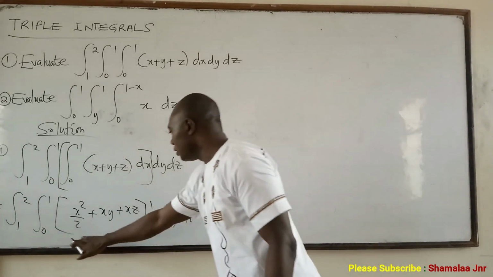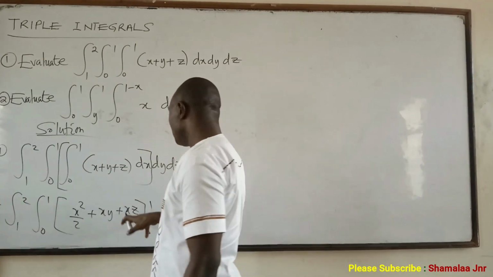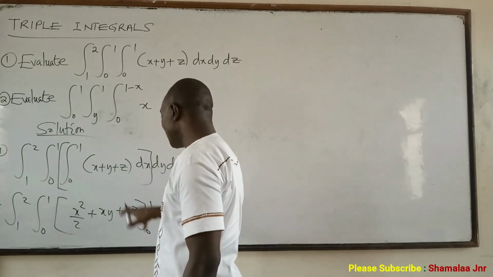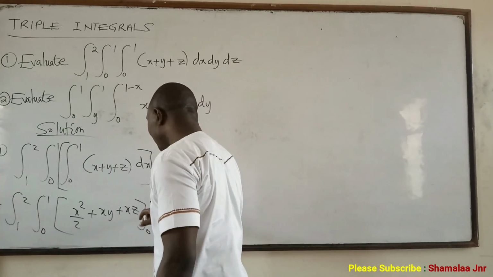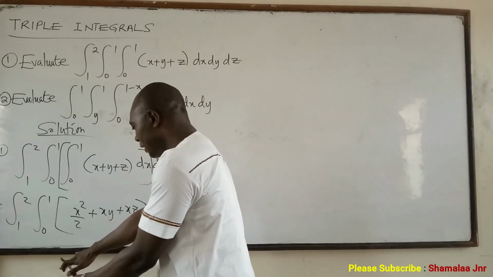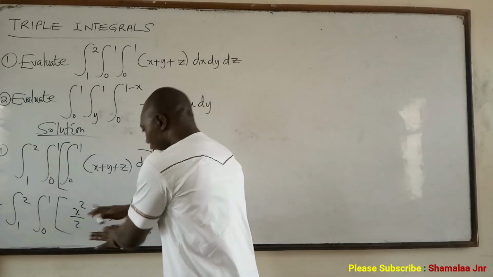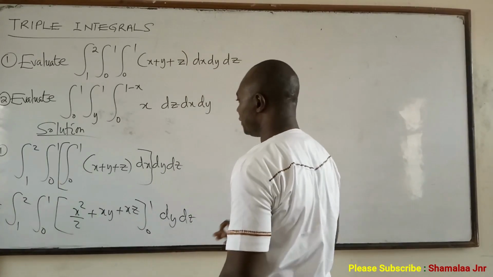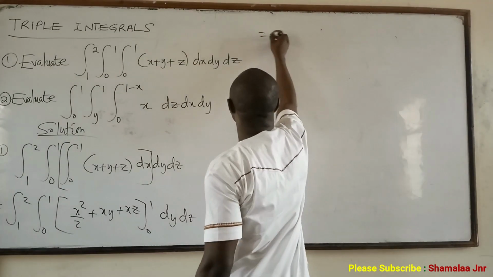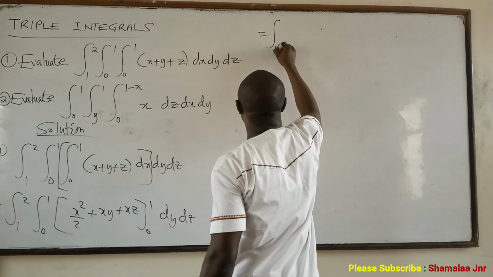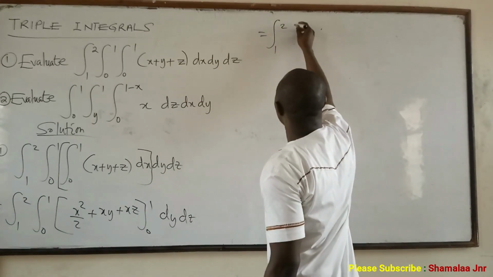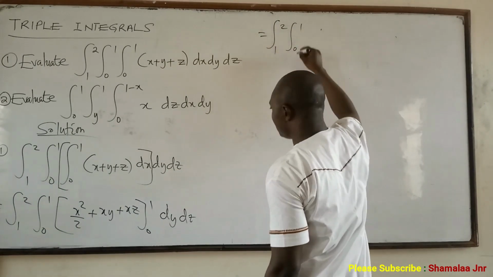Now let's evaluate this one. Because you integrated with respect to x, wherever you see x, you are going to write 1 and get the answer, and then wherever you see x, you are going to write 0, and then you subtract. Isn't it? So you are going to have this. So this is equal to integral from 1 to 2, integral from 0 to 1.